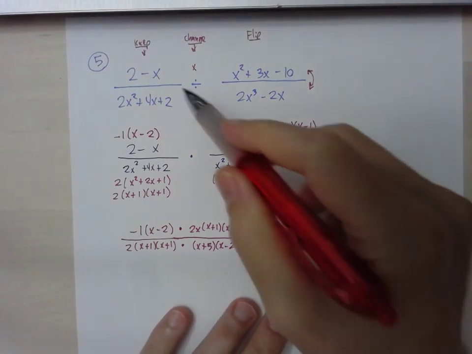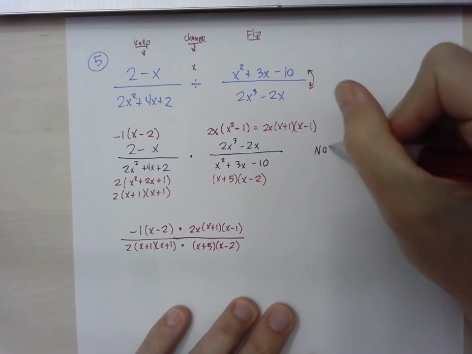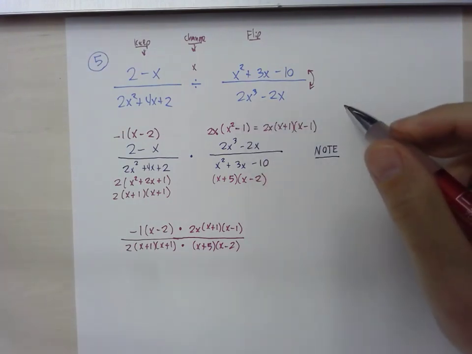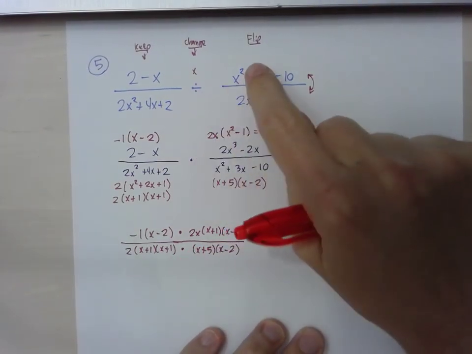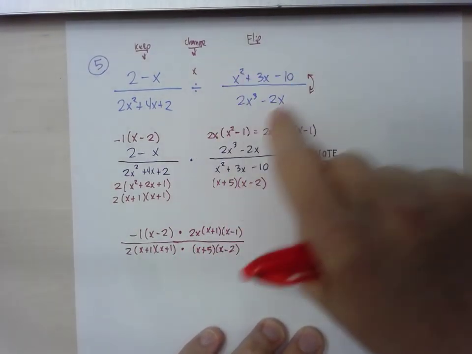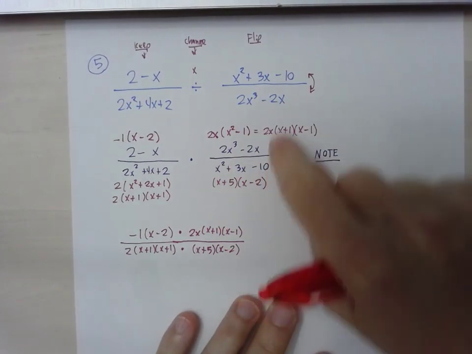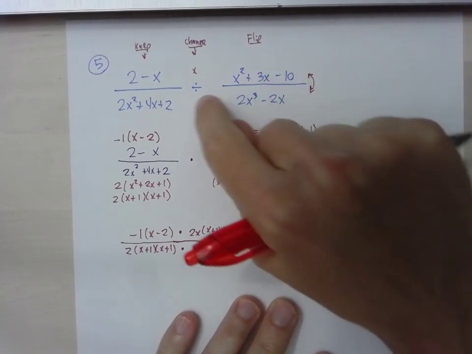Before we finish up canceling this problem, I want to make a note. Restrictions for division problems are a little bit different. Because we're dividing by this fraction, regardless if you talk about the denominator here or the original denominator, both of those cannot be 0 because you can't divide by 0.